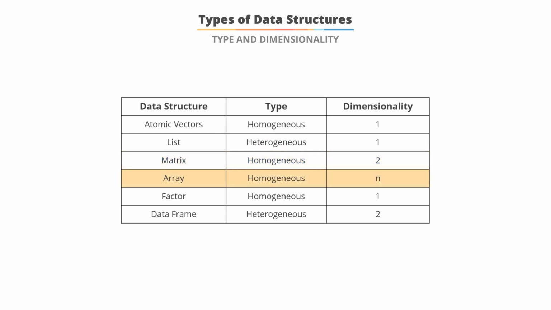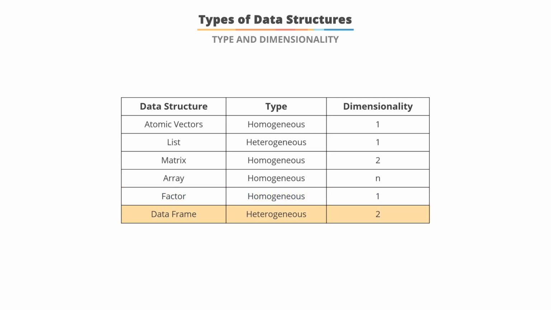An array also has to be homogeneous, but it can have as few or as many dimensions as we want. So we could have 1, 2, 3, 4, 5, infinity number of dimensions. But again, that's homogeneous. Now, factors are a one-dimensional vector of homogeneous data types. Factors are essentially categorical values represented in a numeric schema.